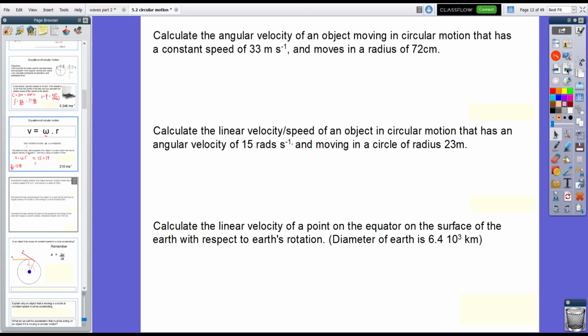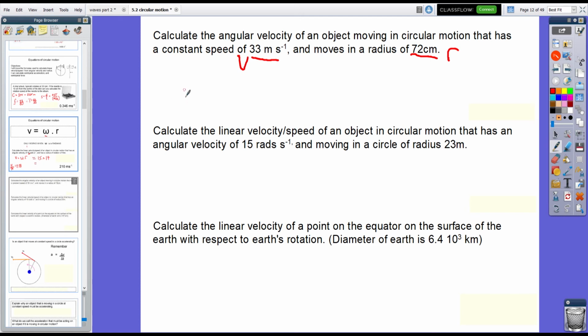Okay. Calculate the angular velocity of an object moving in circular motion that has a constant speed of 33 meters per second and moves in a radius of 72 centimeters. Okay, that's my v, and that's my r.